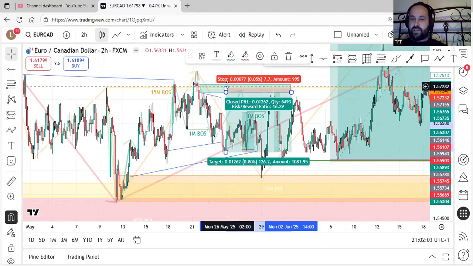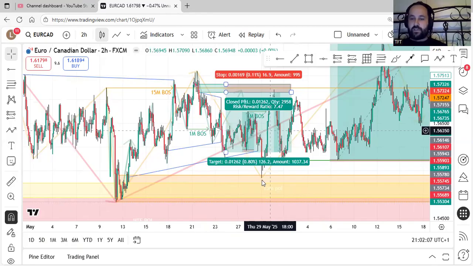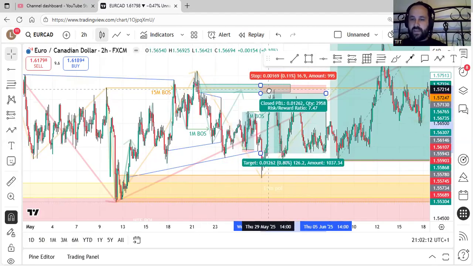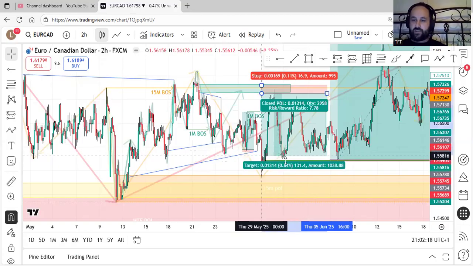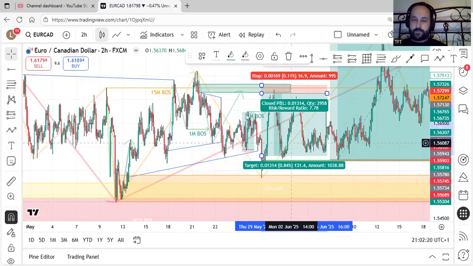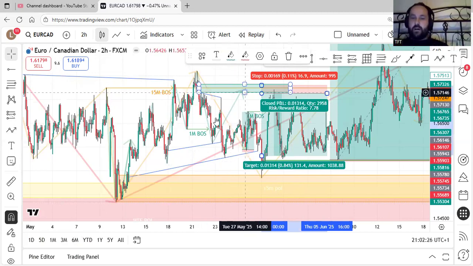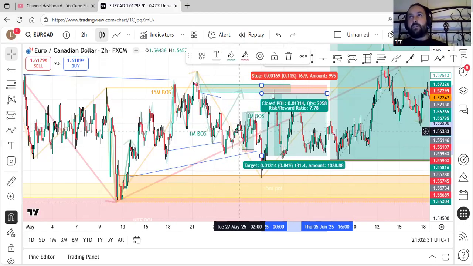Let's say that was your entry, then because you'd had the break above from this one, you'd not be in, you won't get in till that point there. At that point, you would say, where's the buy setup? And it's there. So you'd set your entry just above that, basically. That's from the fact that once we break a high on the relevant time frame, we can then use that to our benefit, basically.